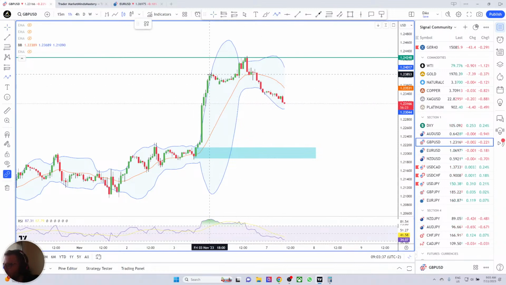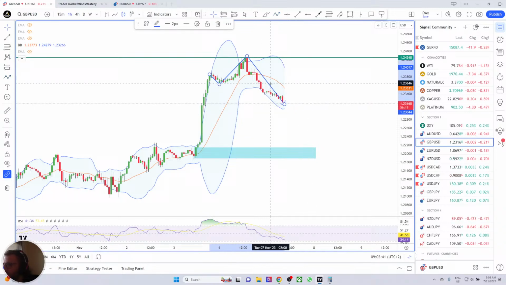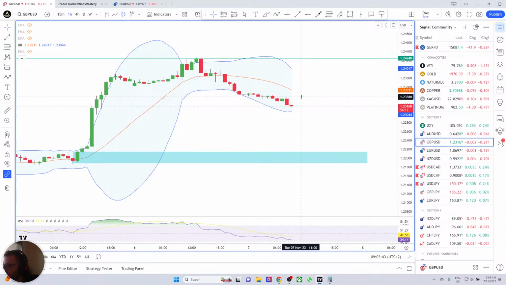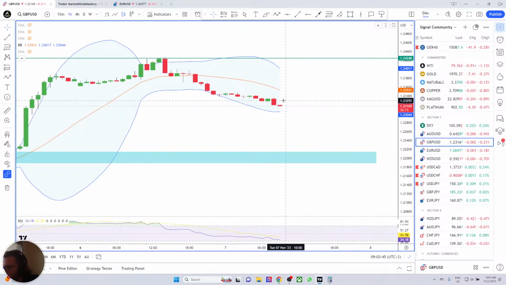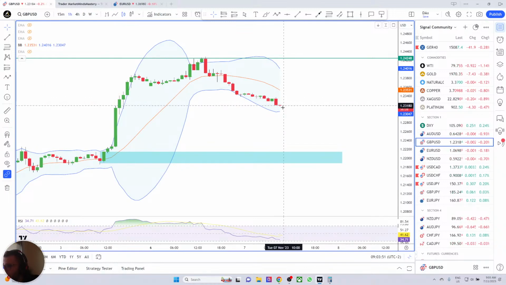Now, as you guys see, we already made this lower low. That was a nice price action setup. I like it. Bearish engulfing on a higher time frame alignment. With a stop loss of about 20 pips and a profit target of about, cautiously, 100 pips.